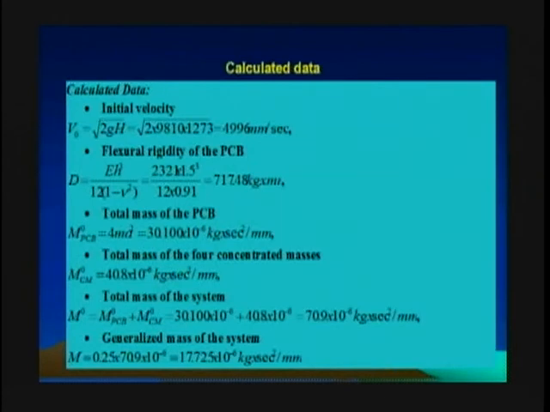We calculated the initial velocity, that's where it is, the flexural rigidity of the printed circuit board, the total mass of the printed circuit board itself, the total mass of the 4 concentrated masses, the total mass of the entire system, and we calculated also the generalized mass of the system, because if you remember, based on that approach, it's 1/4, 25% of the actual mass.